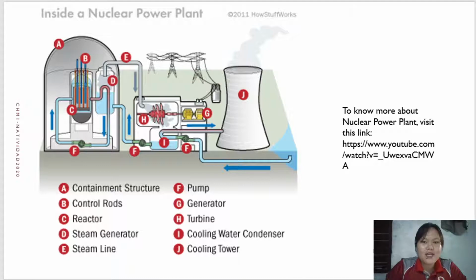So we have here what's inside the classic nuclear power plant. Nuclear reactors are actually the heart of a nuclear power plant. So this is what you are referring to as the nuclear reactors. They contain and control nuclear chain reactions that produce heat through a physical process called fission. The heat is used to make steam that spins a turbine to create electricity.